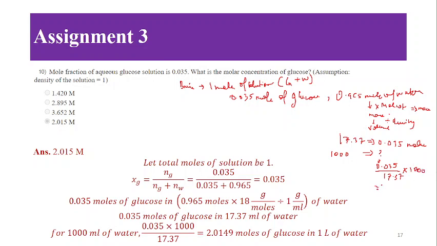This comes out to be 2.0149 moles of G, which denotes glucose, in 1 liter of water. So 1000 milliliter is equal to 1 liter. So this is the answer here, 2.0149, which is the fourth option here, 2.015.